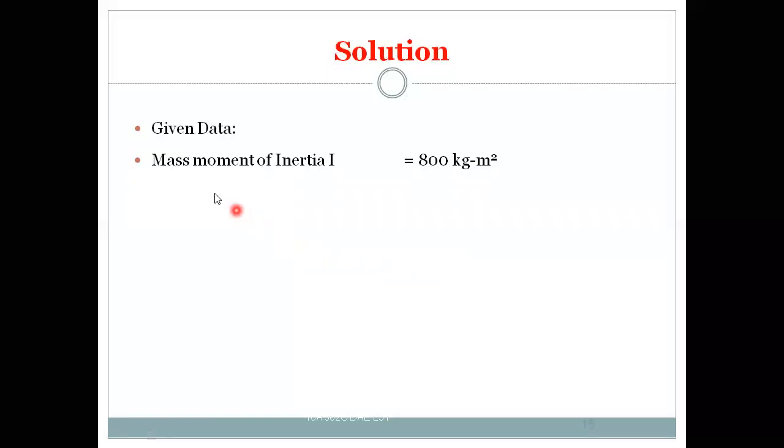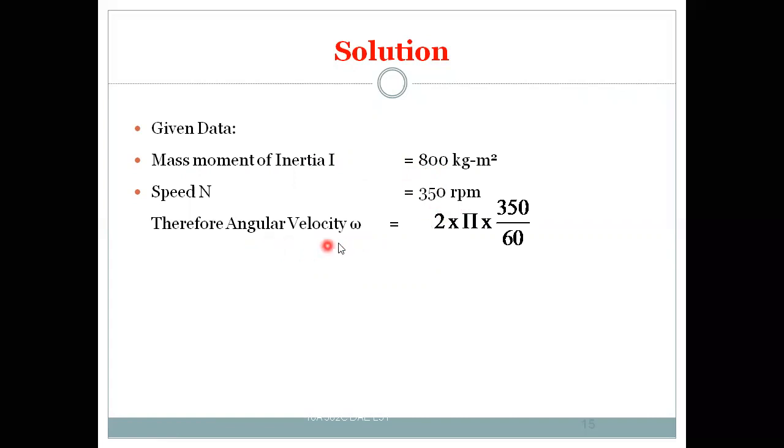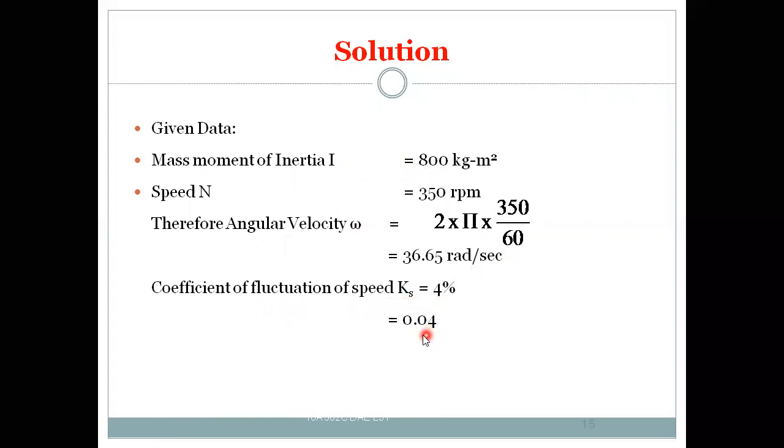The moment of inertia is 800 kg meter square, the speed N is 350 rpm, and the angular velocity omega is equal to 2 pi N by 60. With this you can calculate the angular velocity in radians per second, and Ks is 4%, that is 0.04.